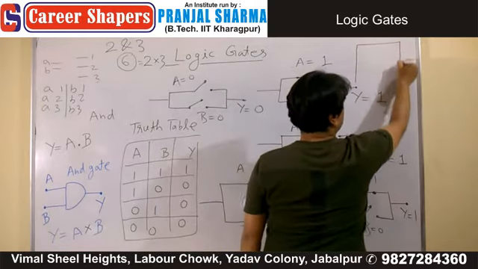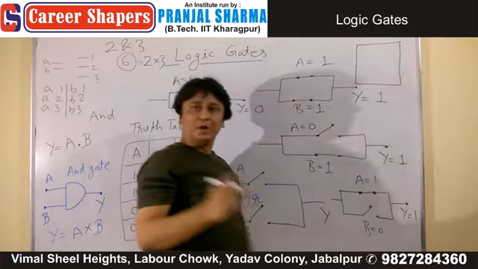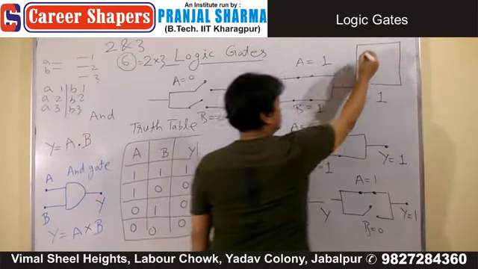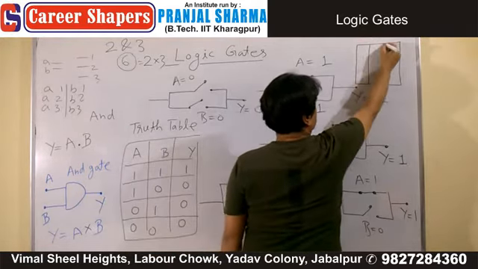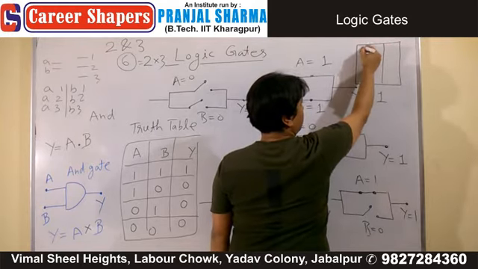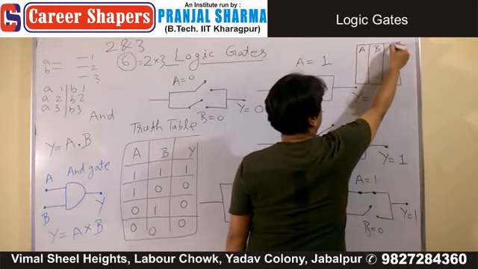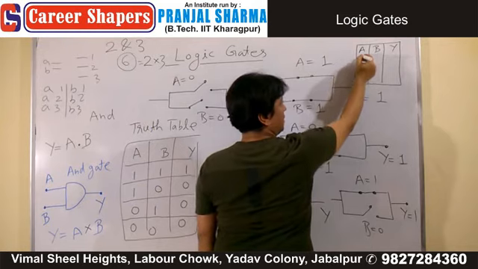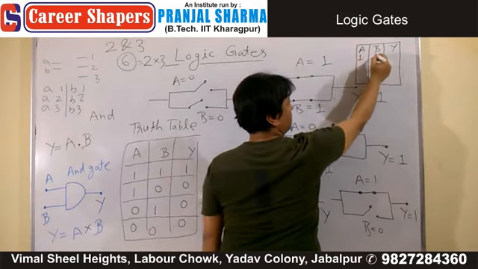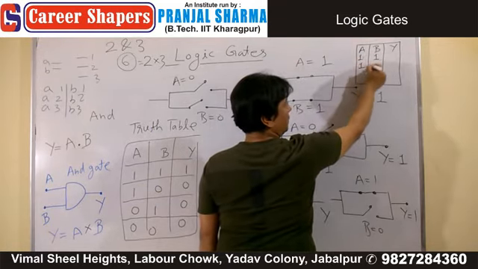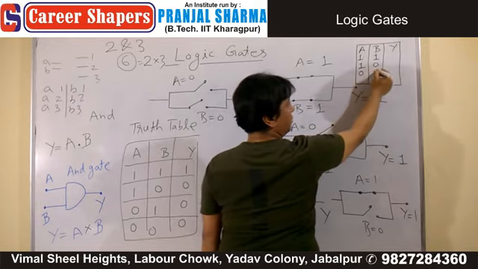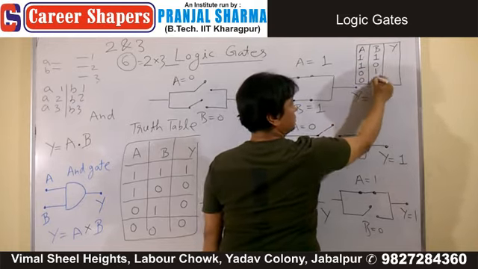Type of truth table you will expect from this. A, B, Y. 1, 1, 1, 0, 0, 1, 0, 0.